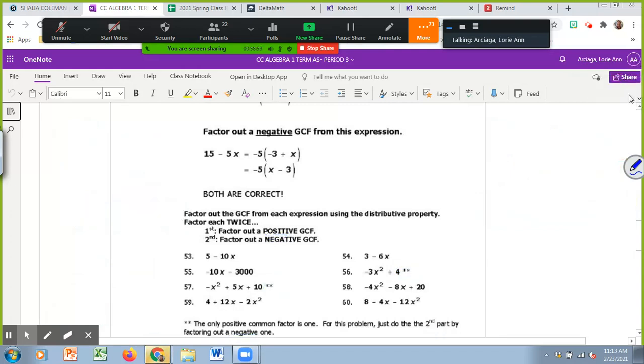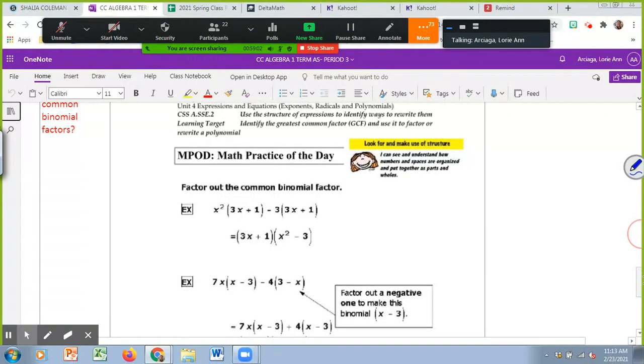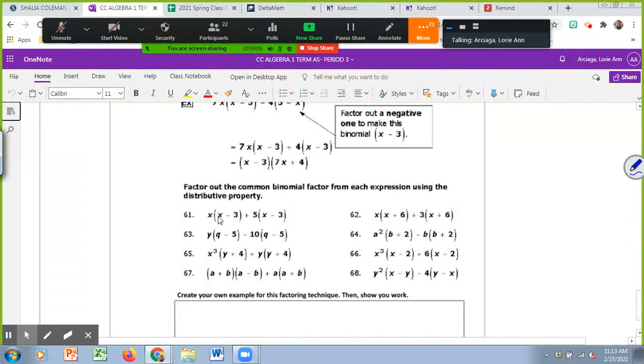And here's the third one, the last one. So you will see a common binomial. Let me do 61 over here. X minus 3 plus 5, x minus 3. Since x and 5 don't have any GCF anymore, you're going to look at the binomials.